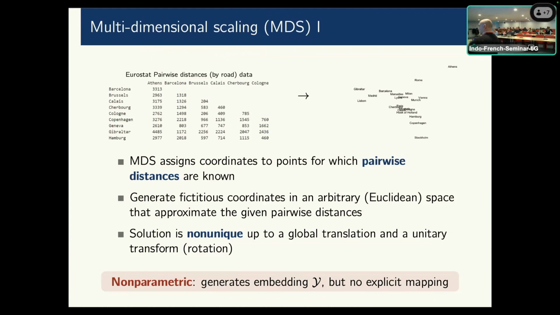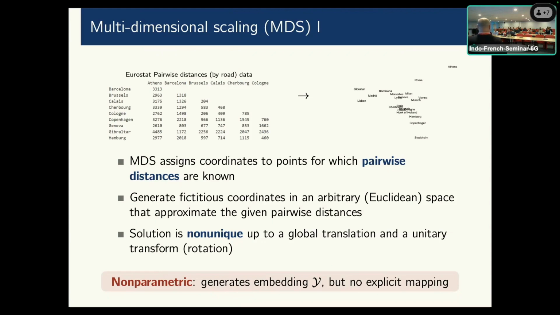If you actually program this algorithm and look at the solution, you may get something like this. Now, if you are familiar with the geography of Europe, you will see that east and west are pretty much okay here, but north and south are flipped. Of course, it makes sense, because if all I give you is this table, you can find a whole bunch of solutions which will be equally good according to my original metric.